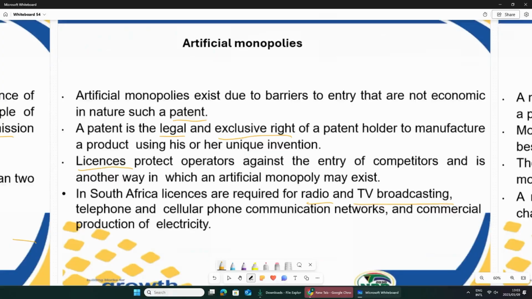In South Africa, licenses are given to radio, TV, broadcasting, telephone and cellular phone communication networks, and commercial production of electricity. So once you do not have that license, you cannot provide that product, and it gives rise to an artificial monopoly.